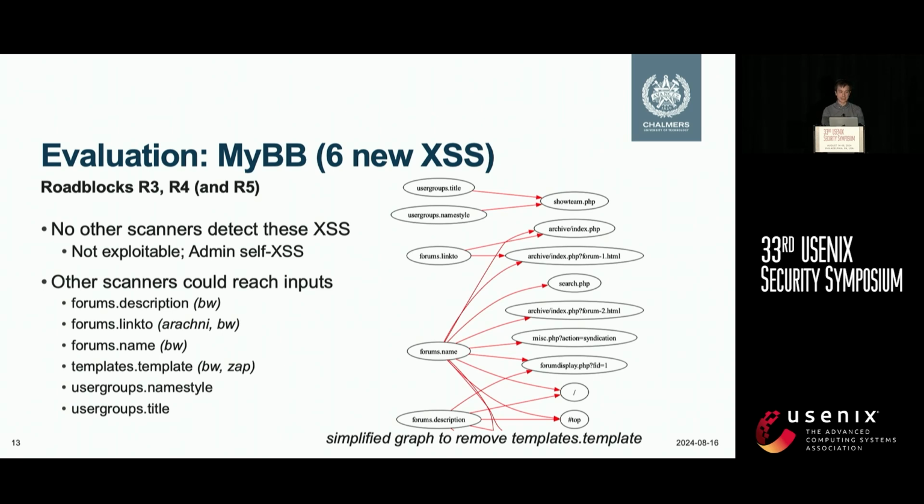But why do they not detect an XSS? In this case, it's either due to them not being able to handle this sort of server-side input modification, or them not being able to complete a multi-step flow so that you can, for example, change this forum title after you have already made this new forum.